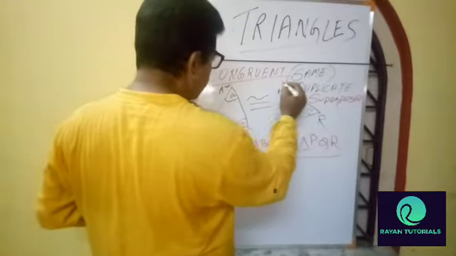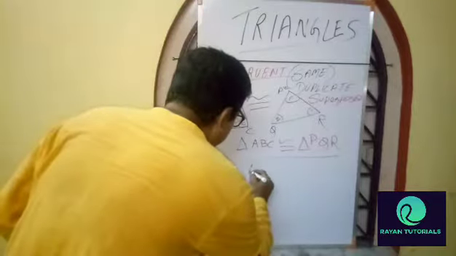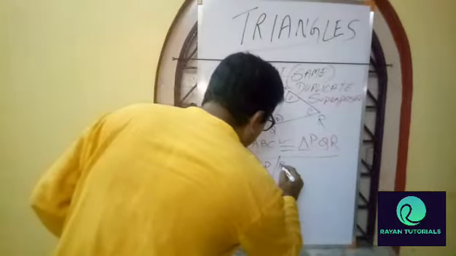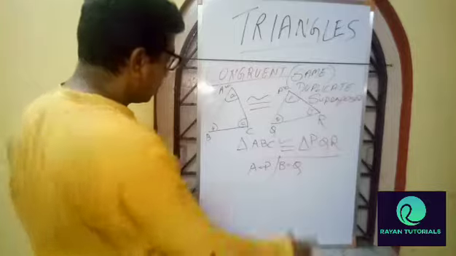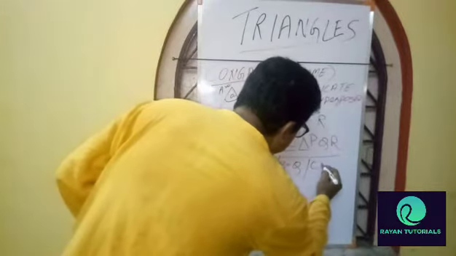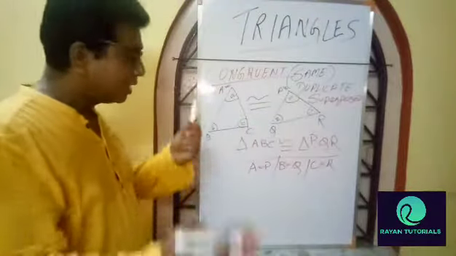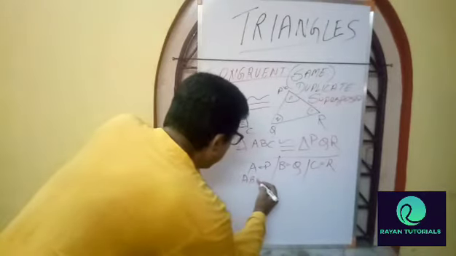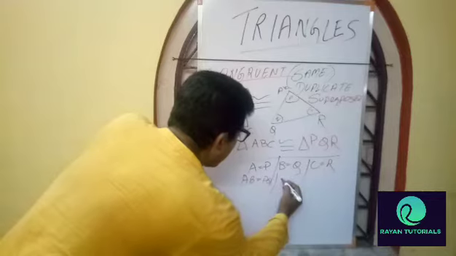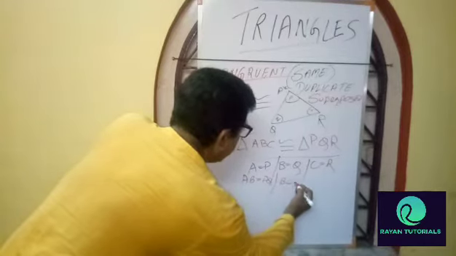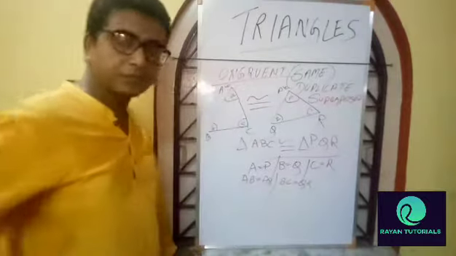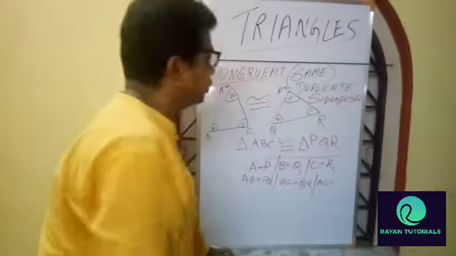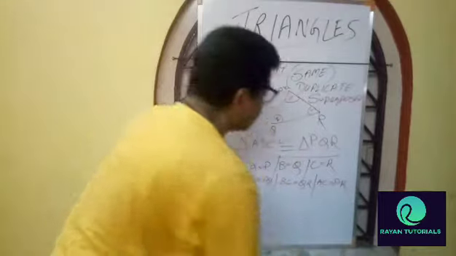That means A will be superposed on P, so A will be equal to P. B will be equal to Q. C will be equal to R. Similarly, the arms: AB will be equal to PQ, then BC will be equal to QR, then AC will be equal to PR. Right?